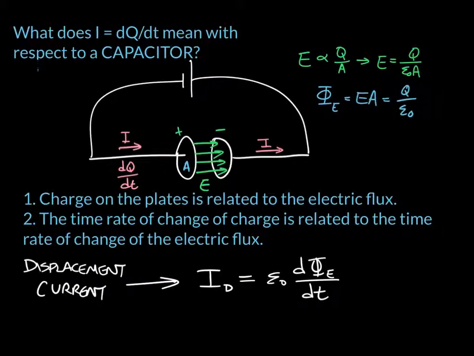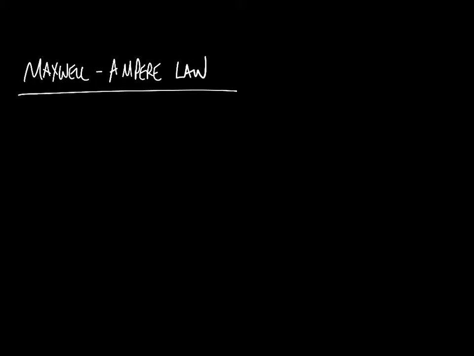If you over voltage it, then it'll break down, and then the insulator finds a conducting path. All right? So we have this new term to add to Ampere's law. So the Maxwell-Ampere law goes like this.